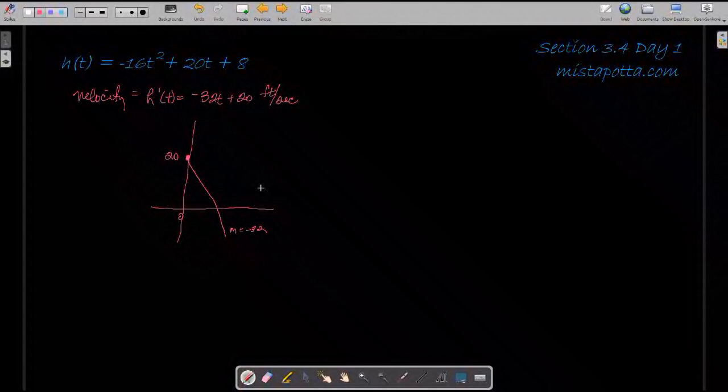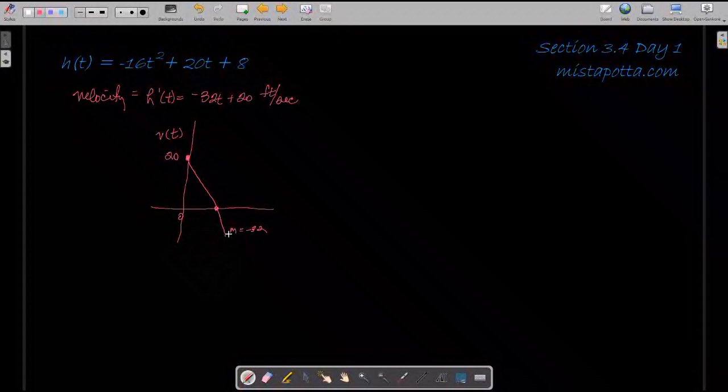But several things are happening here. One, I'm going to have a positive velocity because this y-axis is representing my velocity until some point, and then I'm going to have a negative velocity.